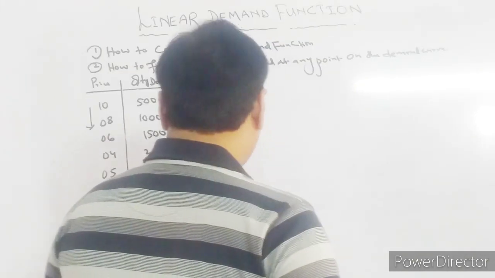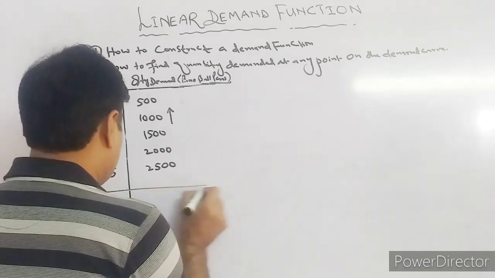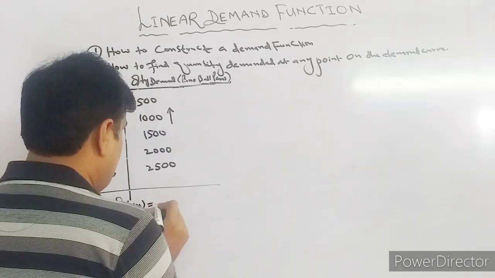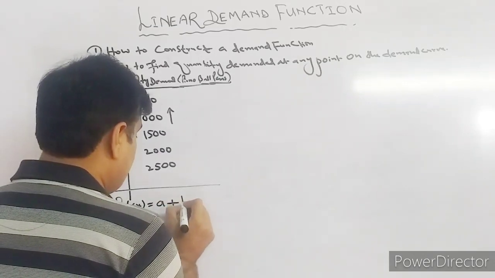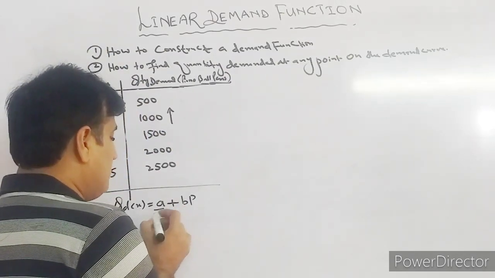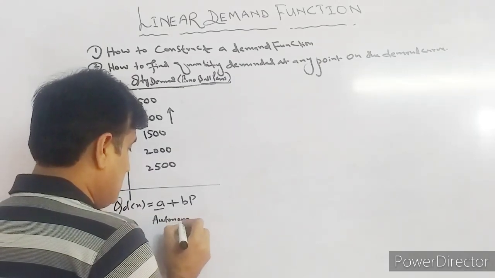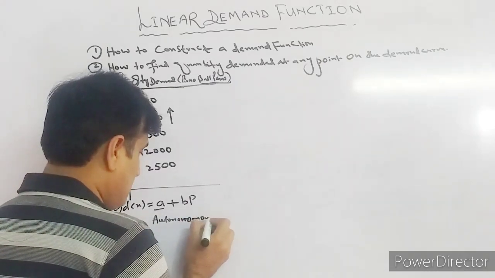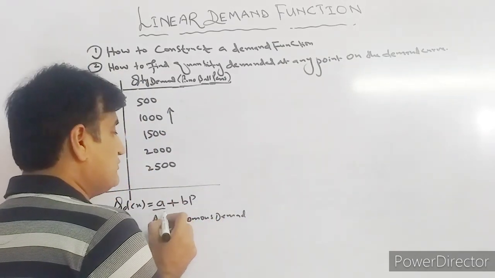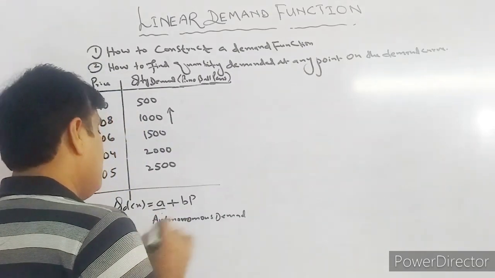As we know, the quantity demanded function is quantity demanded of X is equal to A plus BP, where A is the autonomous demand, and A changes with respect to change in non-price determinants.